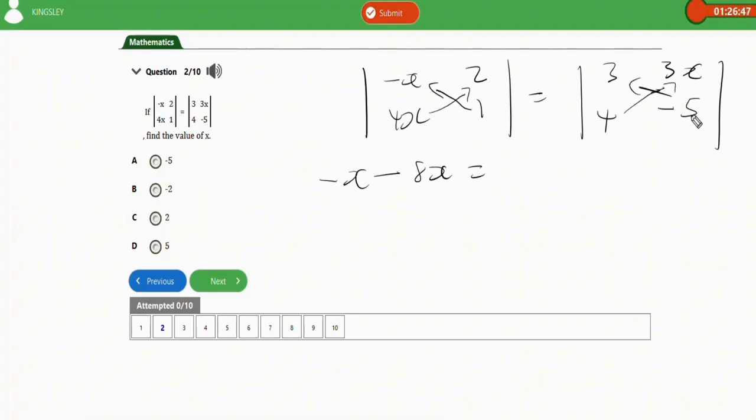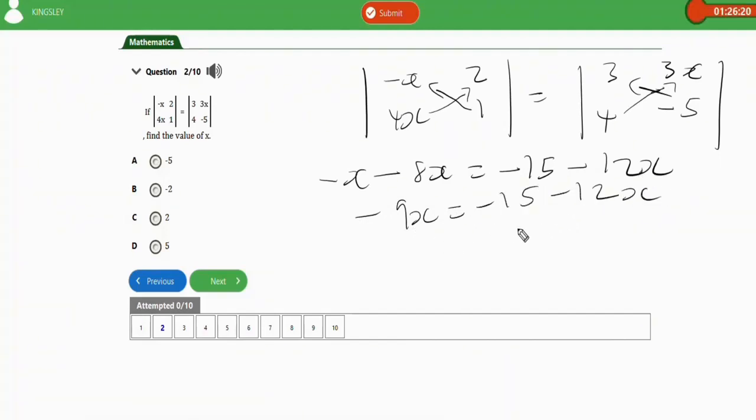So it's going to be -5 times 3 will give you -15. Okay, minus 4 times 3x will give you 12x. So you're going to collect like terms. Alright, so minus x minus 8x will give you minus 9x equals minus 15 minus 12x.